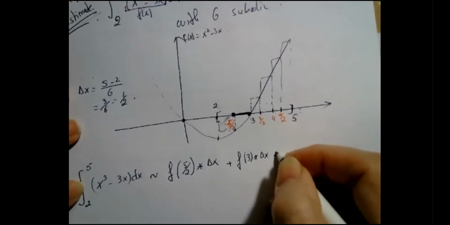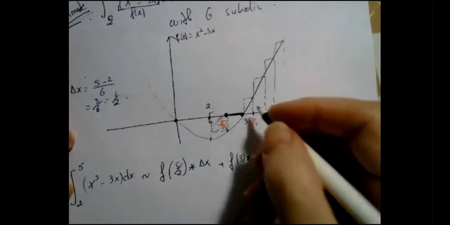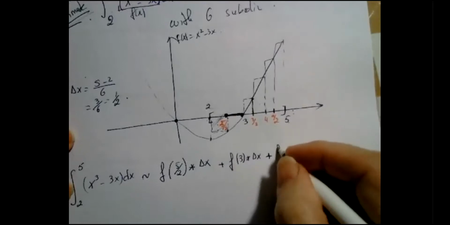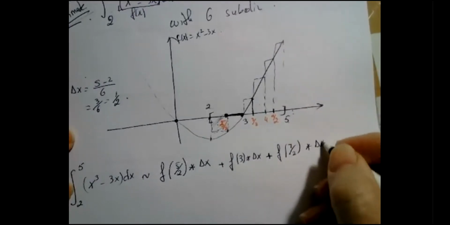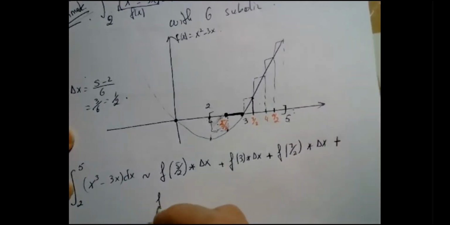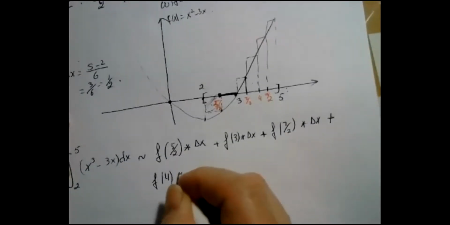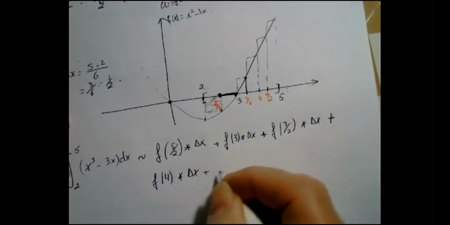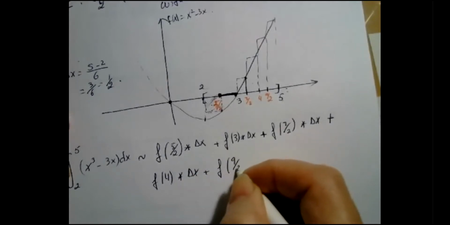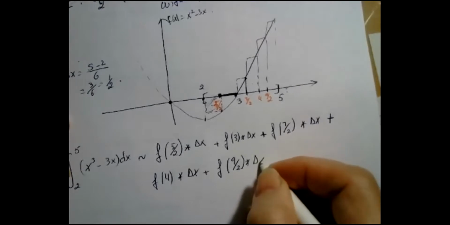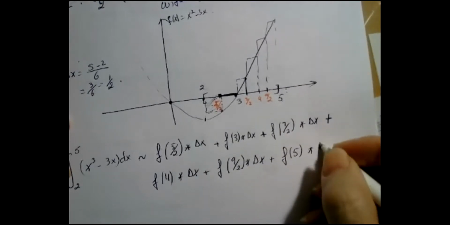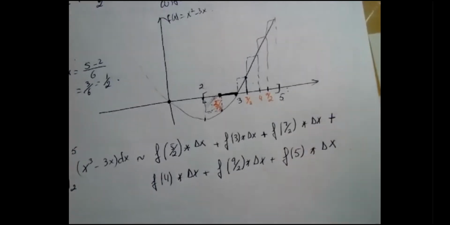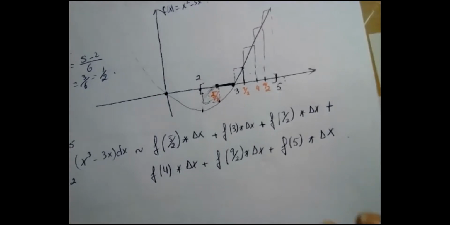So I'm just writing it clearly for all of us, plus the value at 7/2 times the delta x, plus the value at 4 times the delta x, plus the value at 9/2 times the delta x, plus finally the value at 5 times delta x. Okay. So we are writing it clearly. That's what my question is.